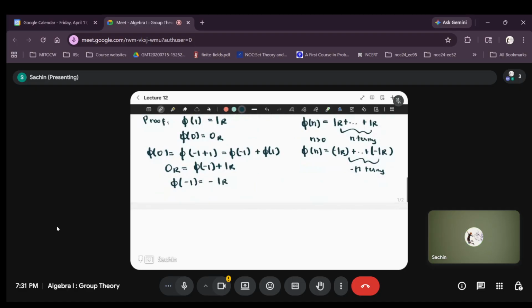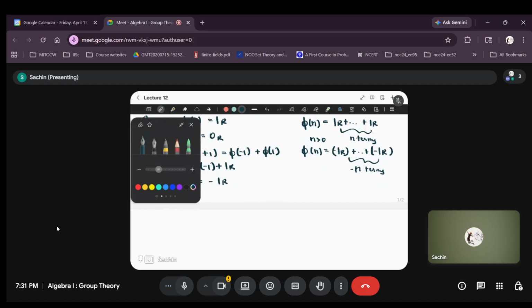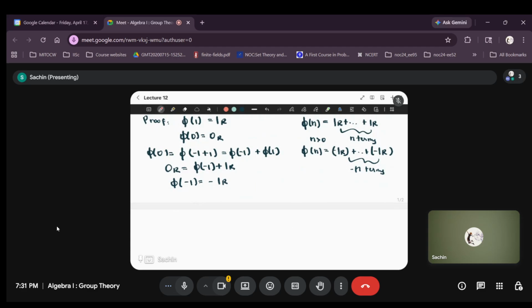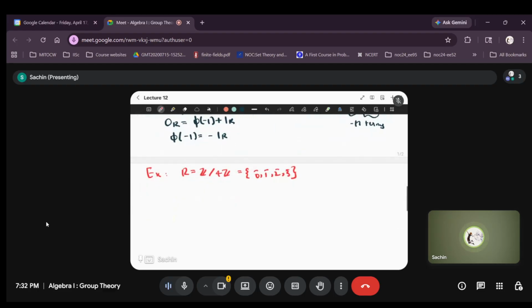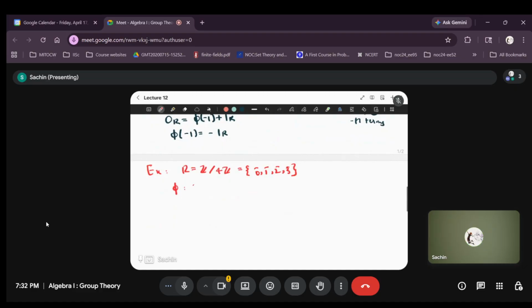For example, consider R is Z mod 4Z, which is 0 bar, 1 bar, 2 bar, 3 bar. If phi is a homomorphism from the set of integers to Z mod 4Z, then phi of 1 is 1 bar.